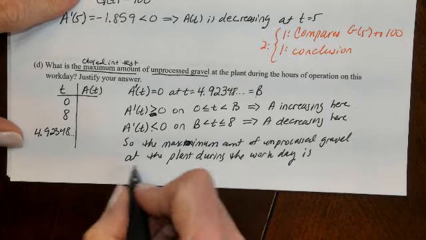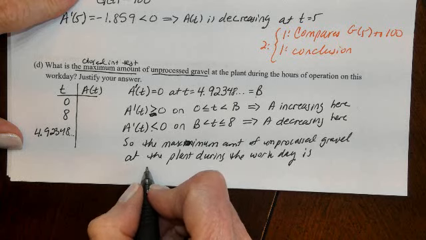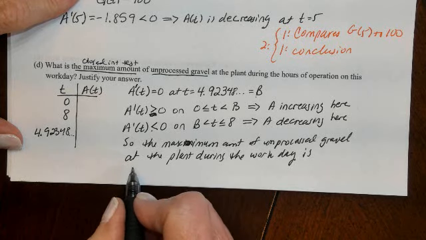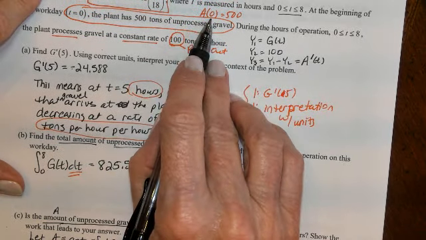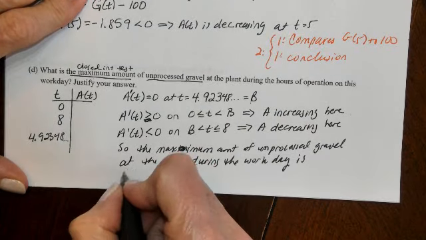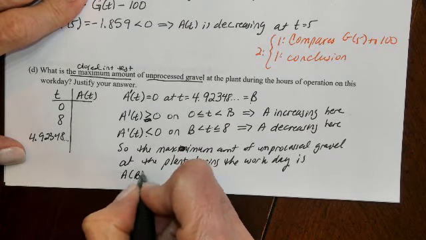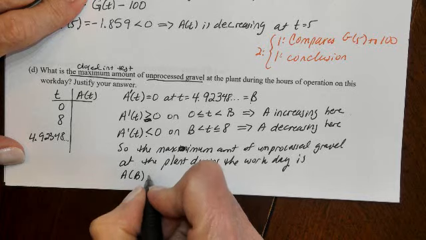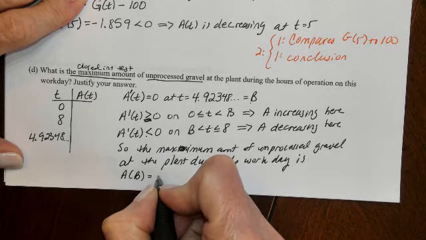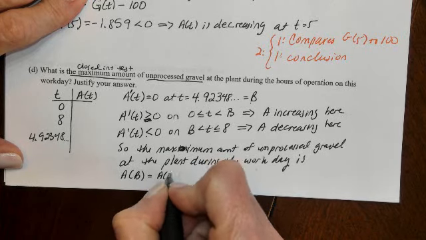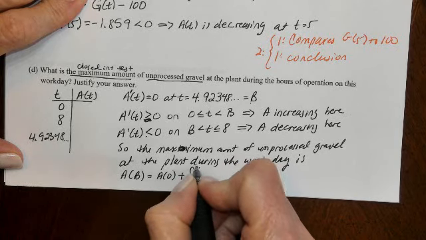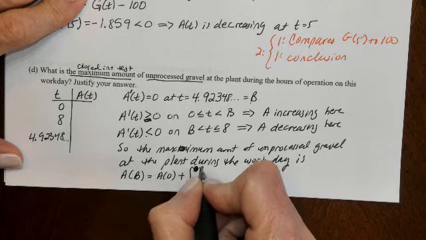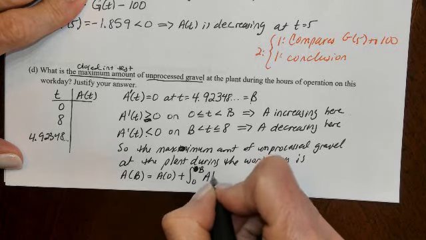So I'm going to find that right here, and I'm going to use the fundamental theorem, because I know what the amount was at time 0. So I can find the amount at any other time. So the amount at time B must equal the original amount at time 0 plus the integral from 0 to B of A prime.